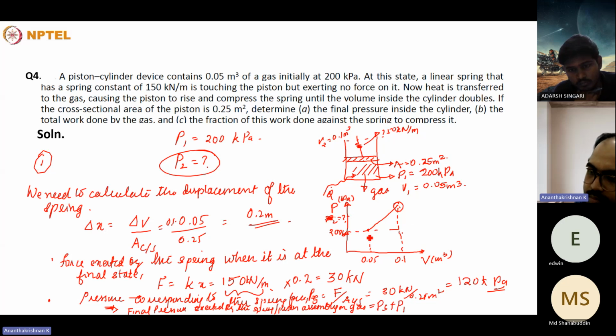So this initial pressure was 200 and the spring pressure is 120. Initial spring pressure was 0. So that will give you 320 kilopascal.